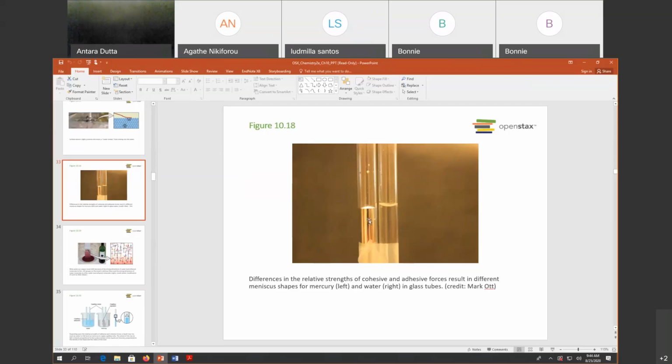In case of water, the adhesive force is stronger. That's why it is rising along the wall of the capillary. And in case of mercury, the cohesive force is stronger. The atoms within the liquid are very strongly attracted, so they don't need to interact with the capillary material. They can just rise along the median of the capillary.